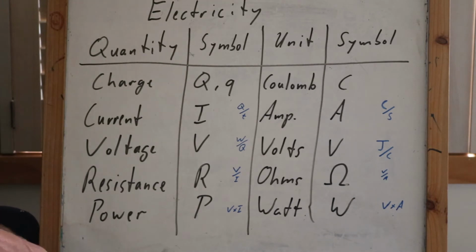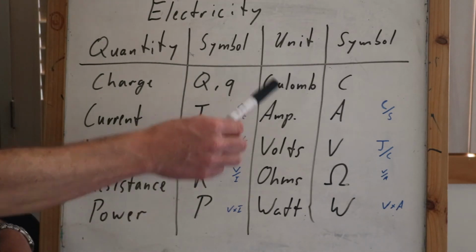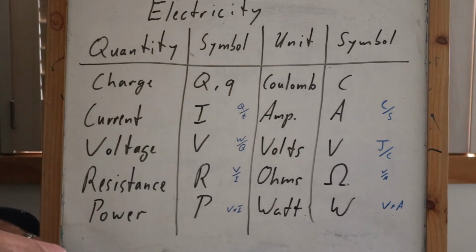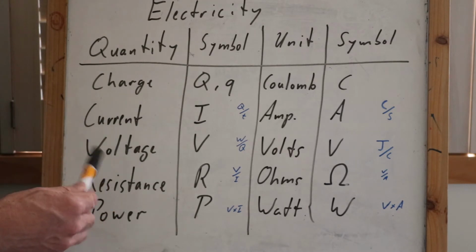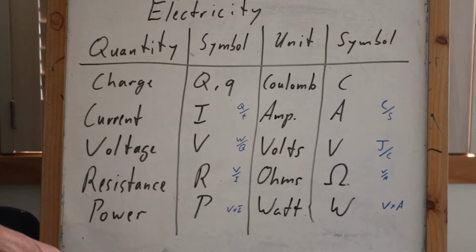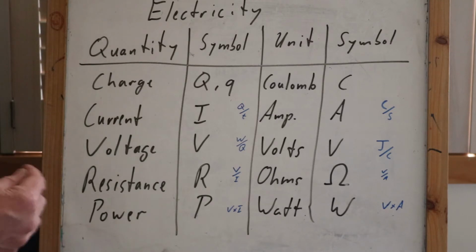The unit for charge is Coulomb. The symbol for the unit is a capital C. Now once these charges are flowing in a circuit, we have a current. Current describes the flow of charges, the rate at which charges are flowing. Never ever use the term speed here, okay? It's the rate.